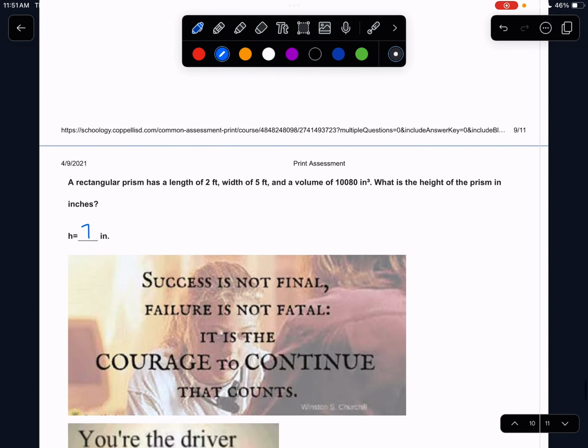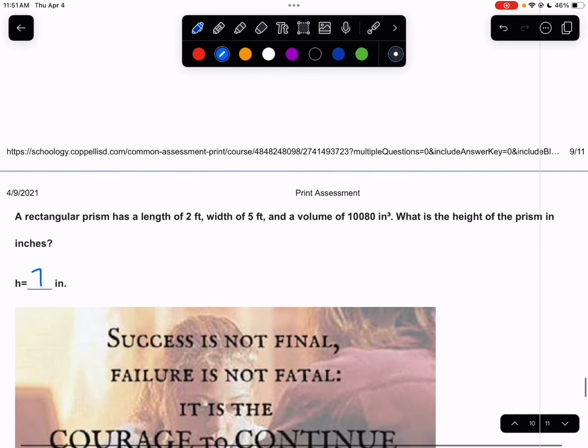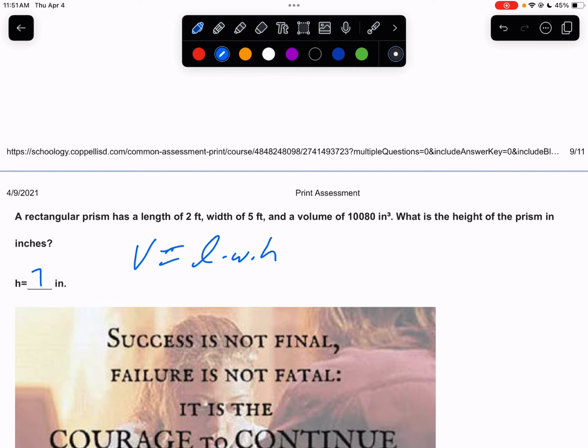All right, one more question. A rectangular prism is length times width times height. That's the easiest way to do it. They tell you the volume is 10080. They tell you, unit alert. I don't care about units, but I do pay attention to them.